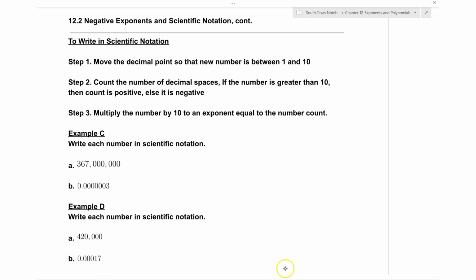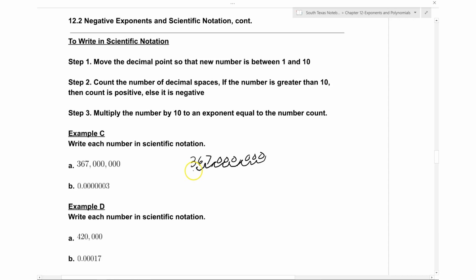The next section is we have the following number that we want to convert to scientific notation. So we're going to move the decimal place until we reach this point, which is between 3 and 6.